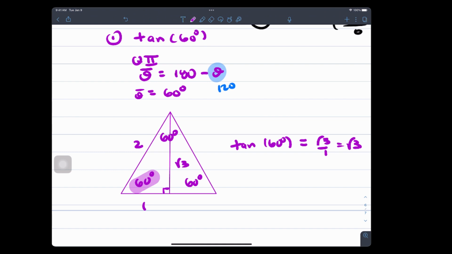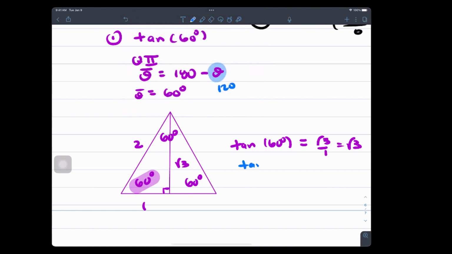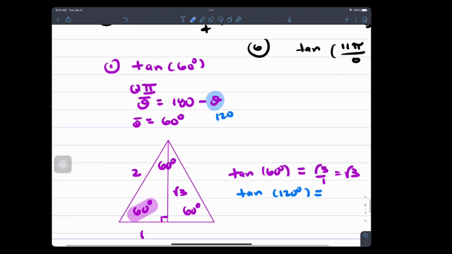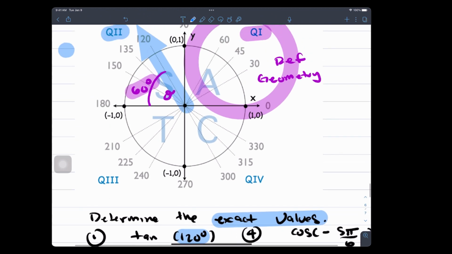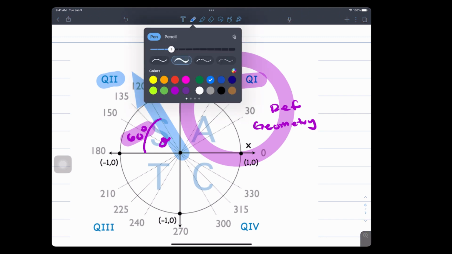Now, that's not the answer to the question, but that is maybe the answer. You say, what do you mean? Because remember this, we're trying to answer tangent of what? 120. This is going to give us our answer. Well, what do you guys know about an angle in quadrant 2? Theta is 120.